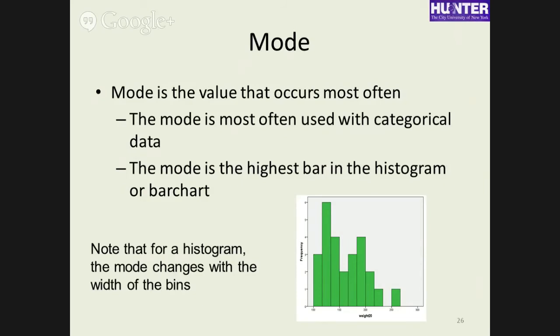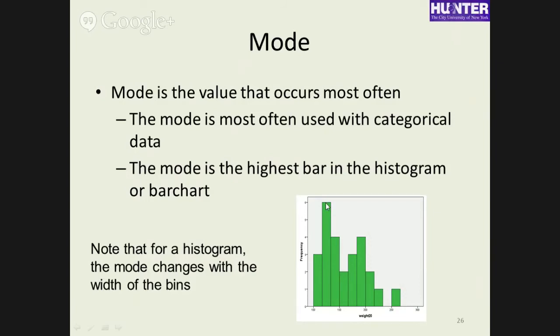The mode is the value that occurs most often. This is well defined for categorical and ordinal variables. For quantitative variables, it's less well defined because you have to do some amount of binning or discretization, as in the histogram, in order for the mode to be defined. But for a specific size of these bins, the mode is just the highest bin.